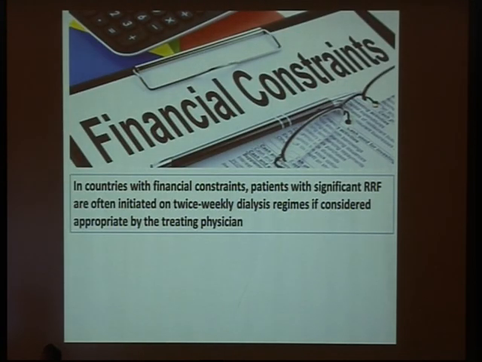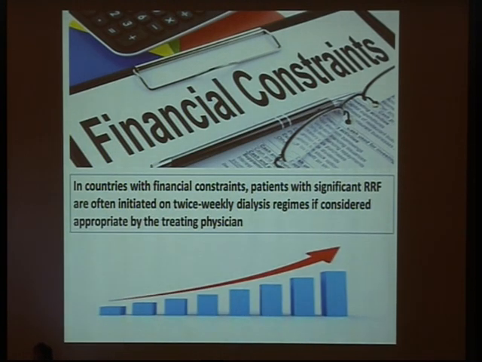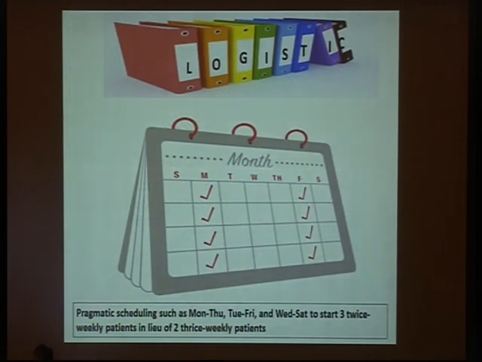In countries with financial constraints, patients with significant residual renal function can be initiated on a twice-weekly dialysis regimen if considered appropriate by the treating physician, and can later upgrade or increase the dose with the progressive decline in residual renal function. So we have to prepare pragmatic scheduling, such as Monday-Thursday and Tuesday-Friday, so as to start 3 twice-weekly patients instead of 2 thrice-weekly.